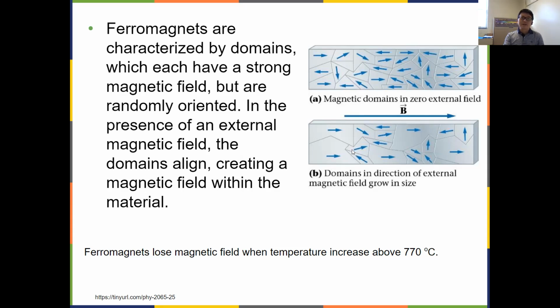As for ferromagnets, if you remove the external magnetic field, the alignment will still stay, so that becomes permanent magnets. But it's only under a certain temperature, 770 degrees. If you heat it over 770 degrees, then magnetism will be lost.